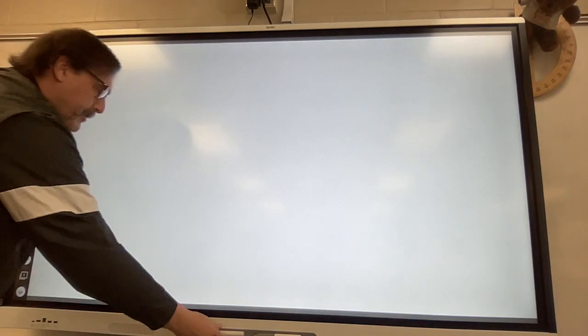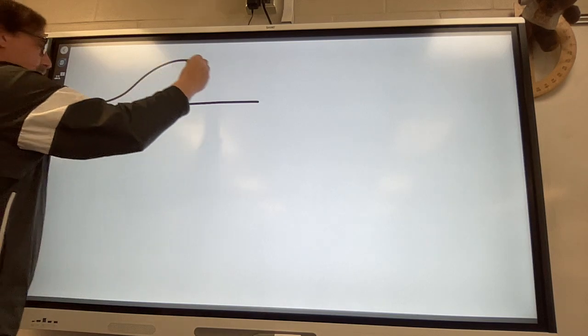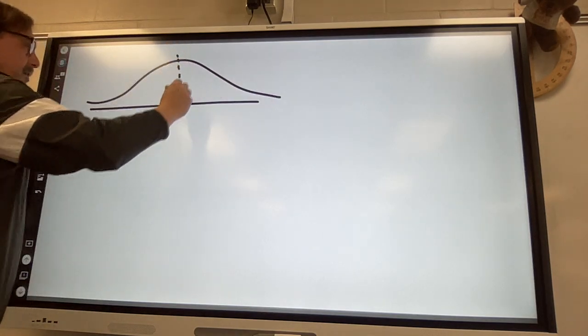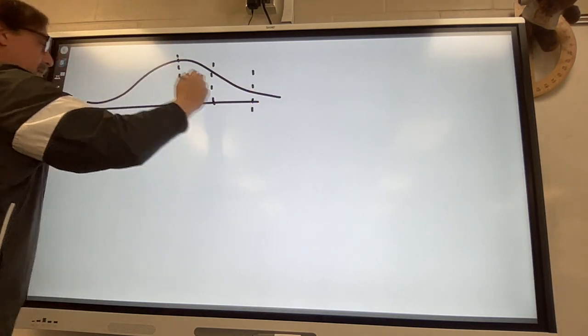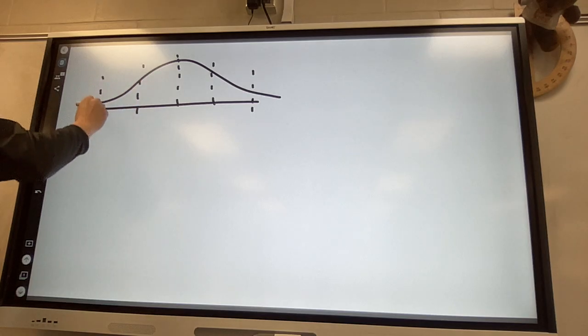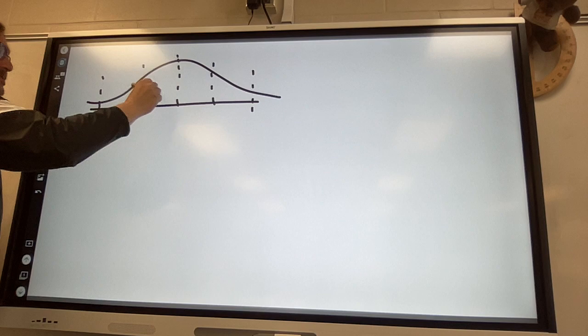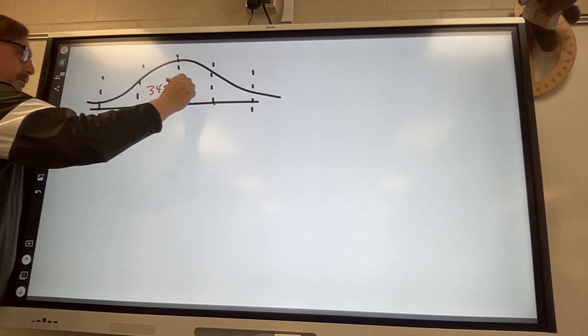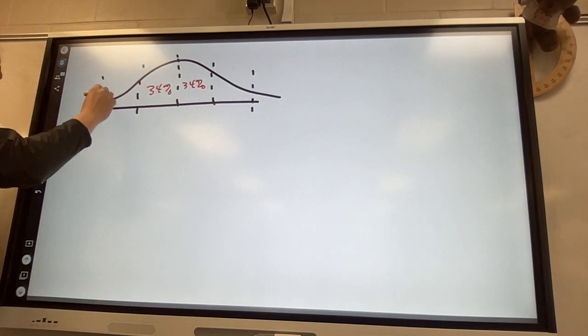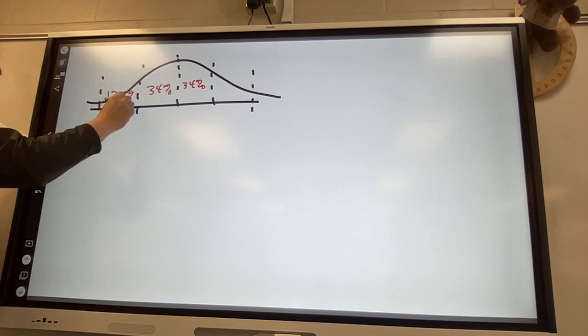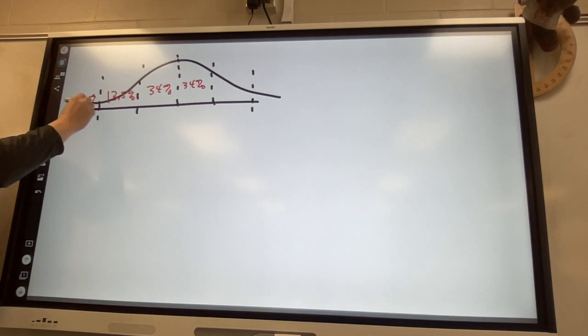All right, the next kind of problem. You don't need to have the normal curve memorized. 34%, 34%, 13.5%, 2.5%.